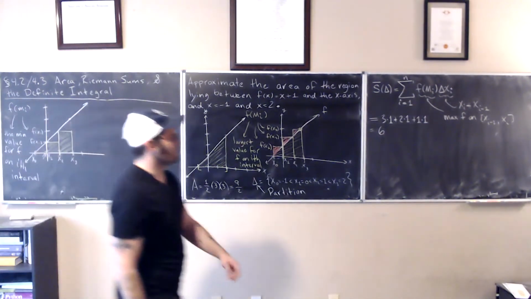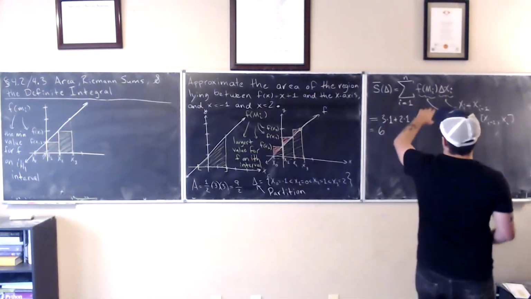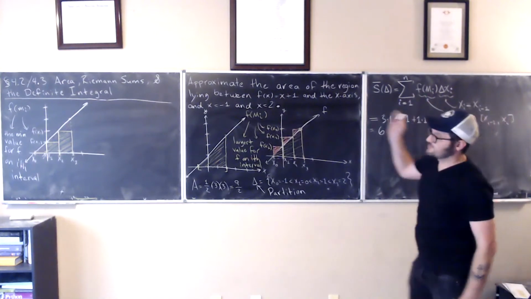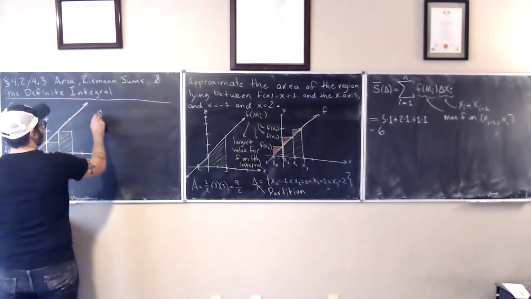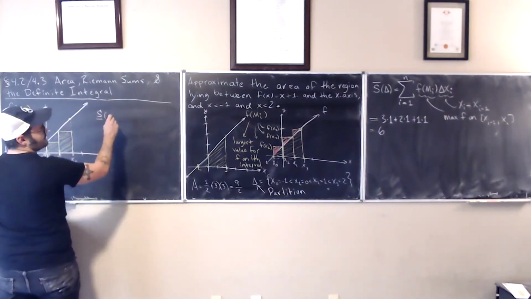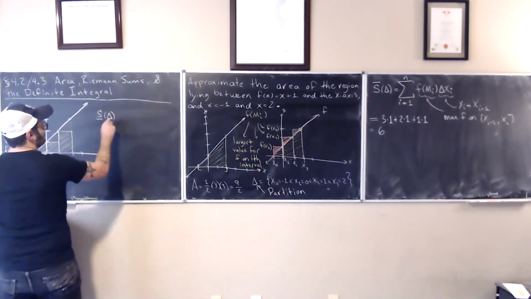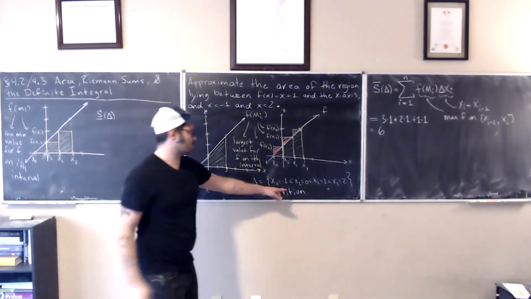Okay, so now this is different, right? This was maximum, so now we just replace it by minimum and we have a different sum for that given partition. We're using the same partition that we made, right?